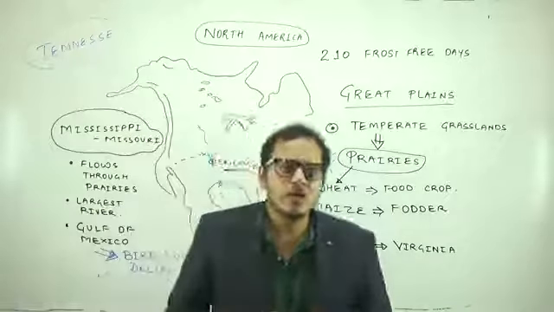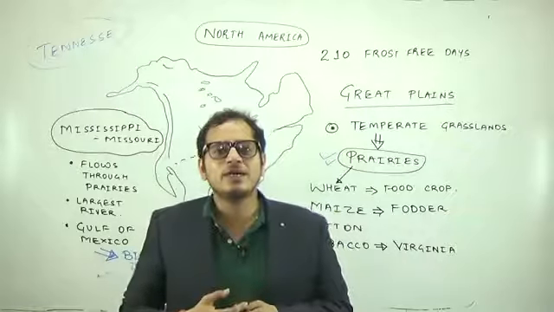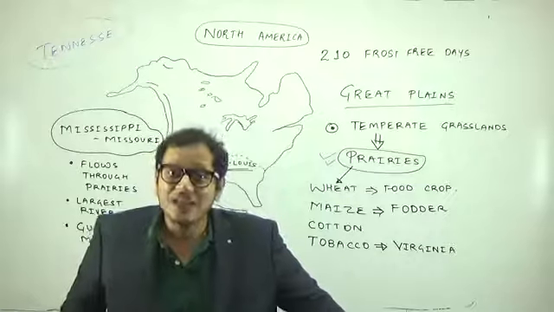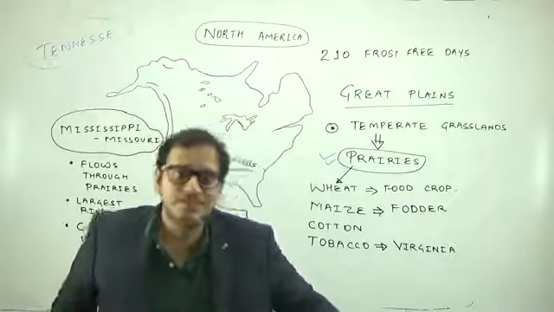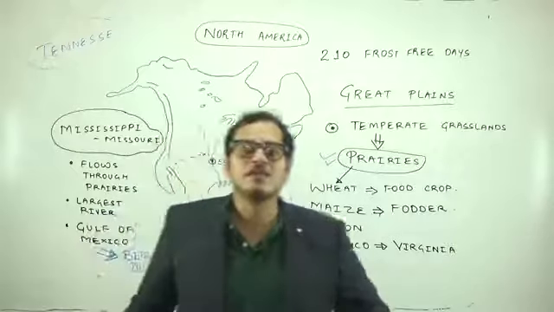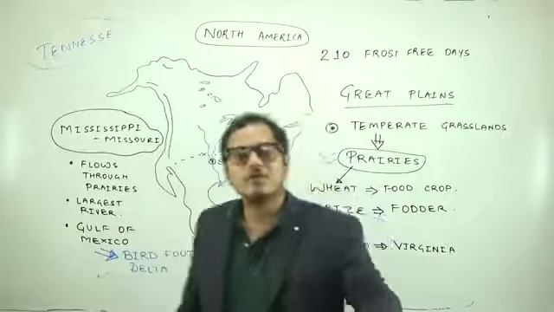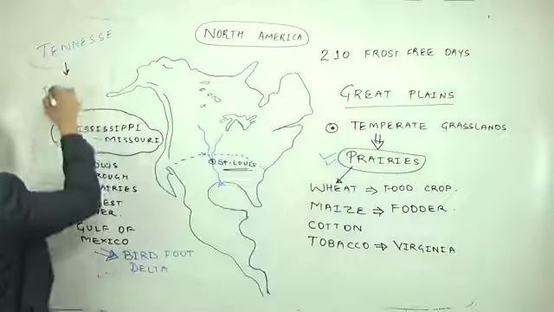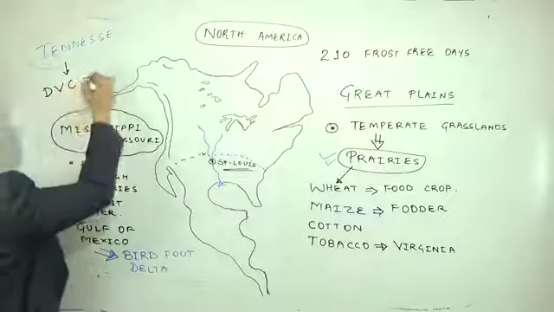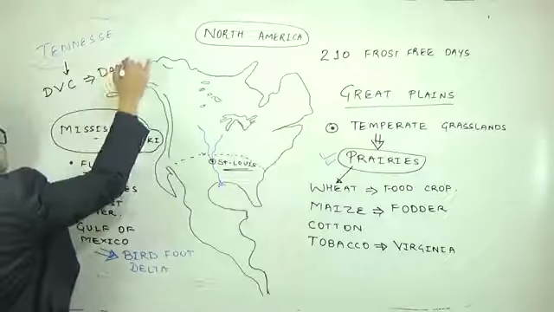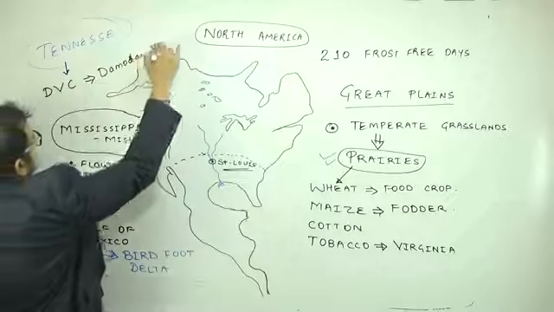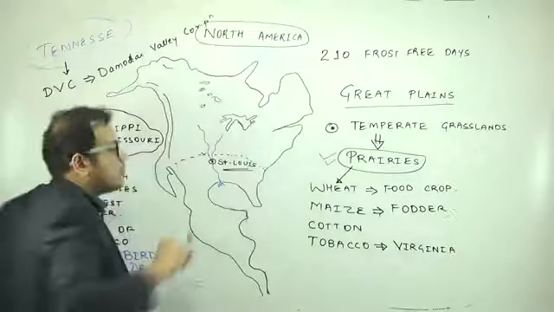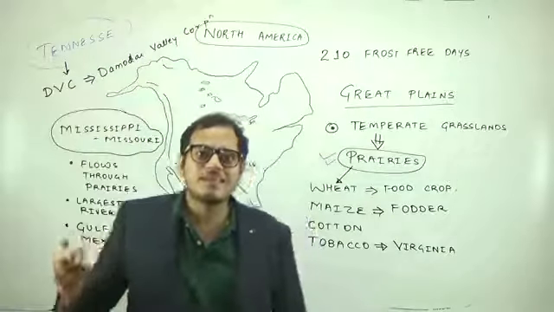Because on the Tennessee River is located a big multi-purpose project known as the Tennessee Valley Authority, and on that model, in India, we have the Damodar Valley Corporation, DVC, which is based on the Tennessee Valley Authority.